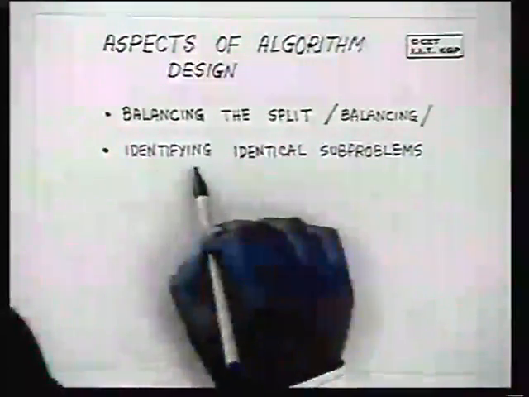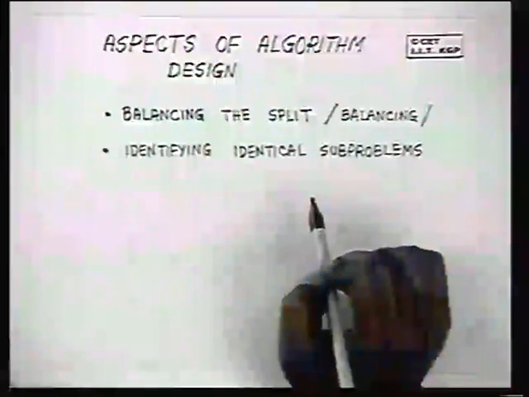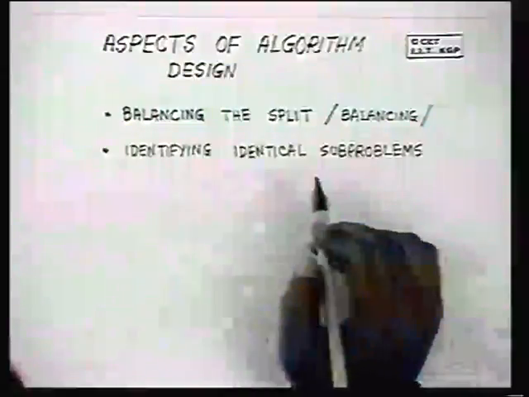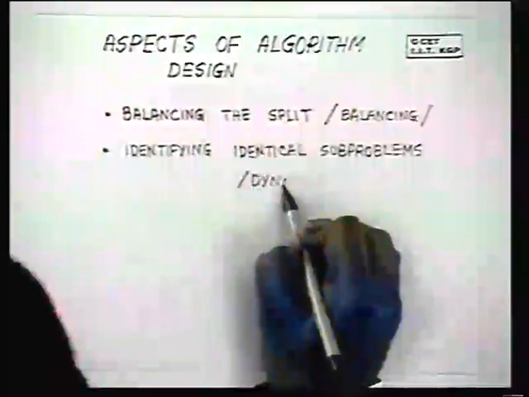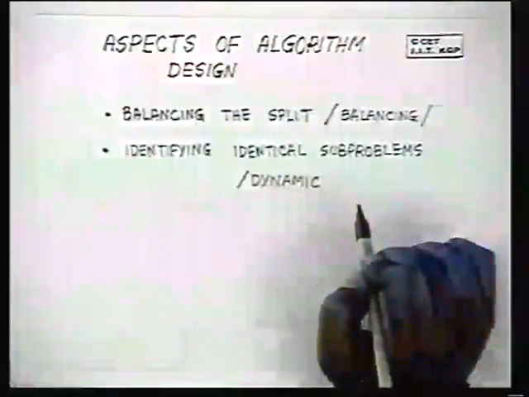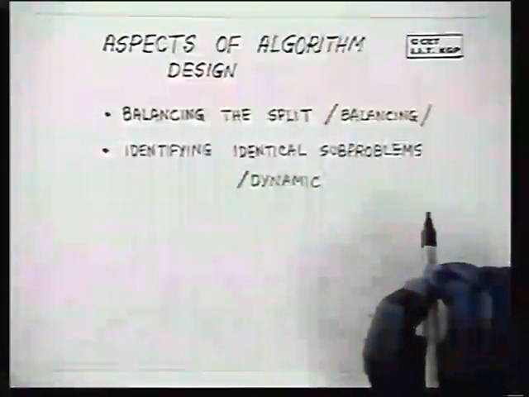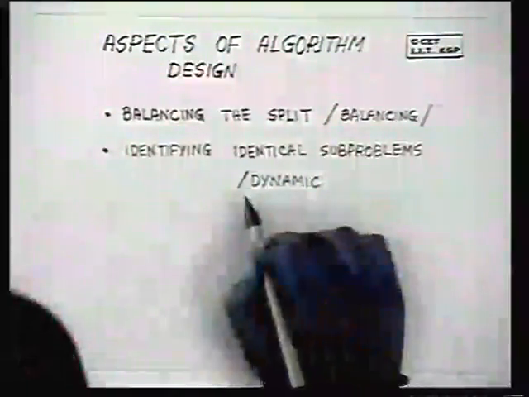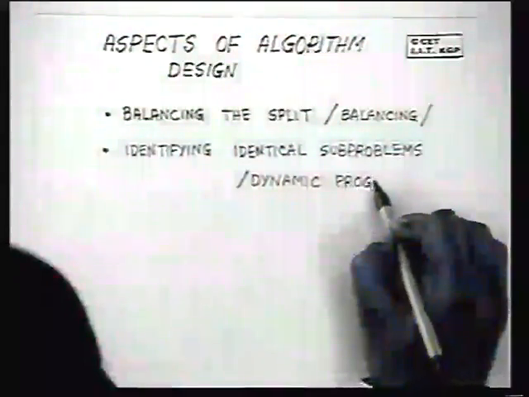And the technique for identifying identical subproblems and solving them only once has got a name which you will see in textbooks. That name is called dynamic programming. It has a different meaning or a different style in other aspects where you come to state machines, and there you talk of dynamic programming in a slightly different sense, but inherently both of them have very similar meanings.